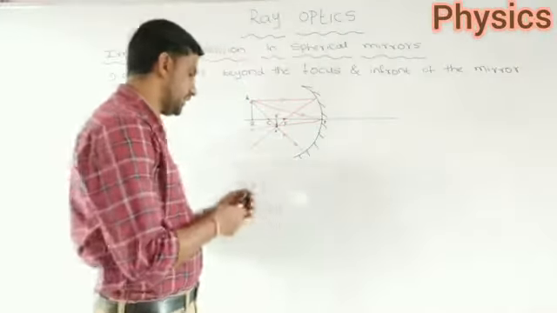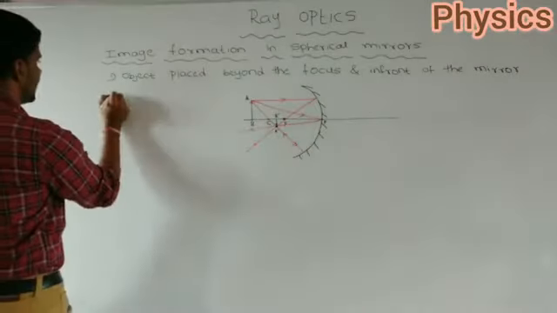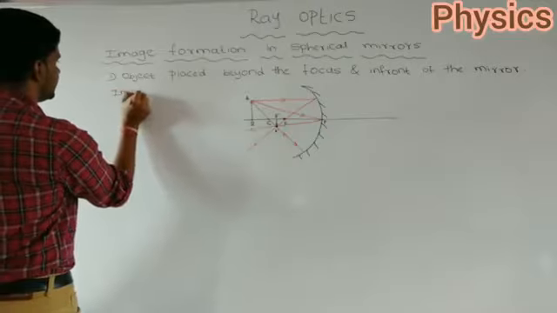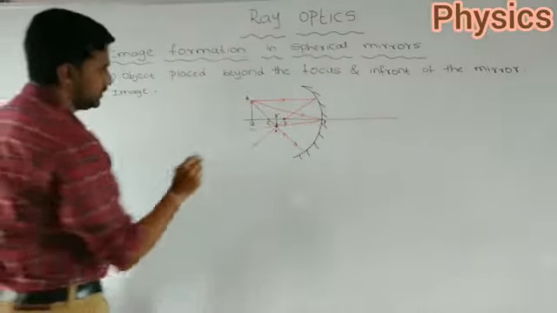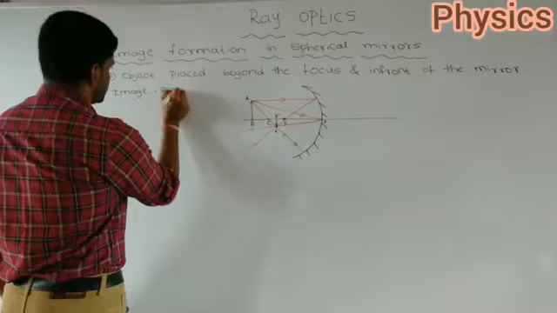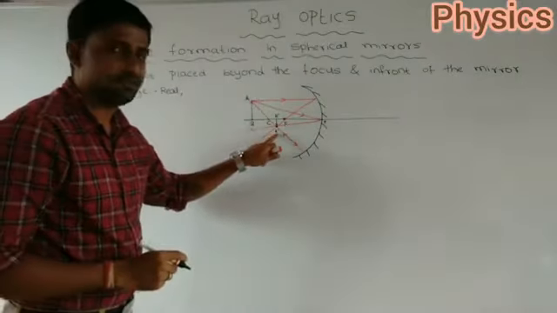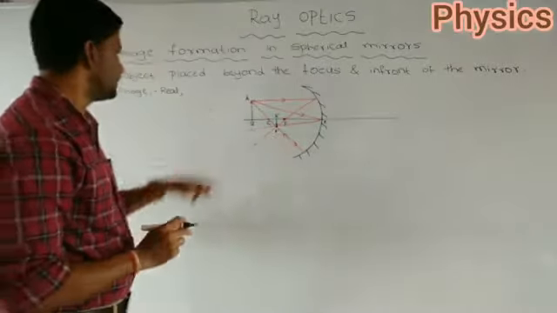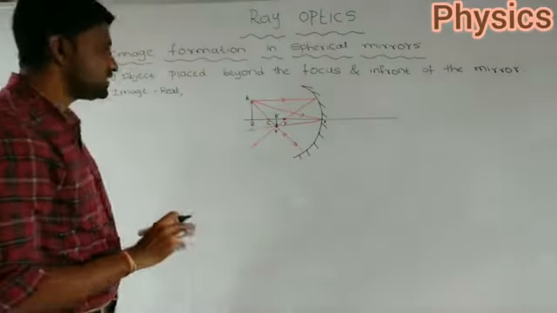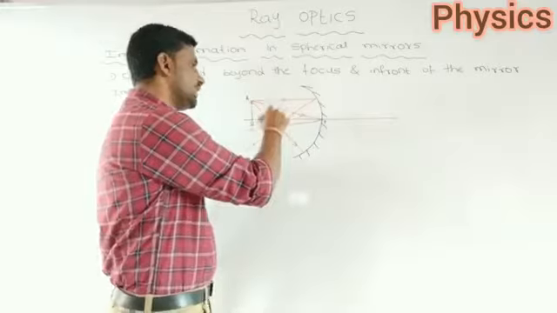So in this case we are getting the image as, first, a real image, because after reflection the rays actually meet at a point. Second, it is an inverted image.